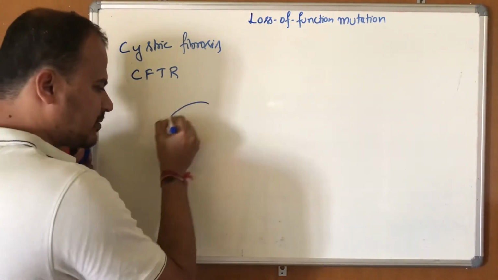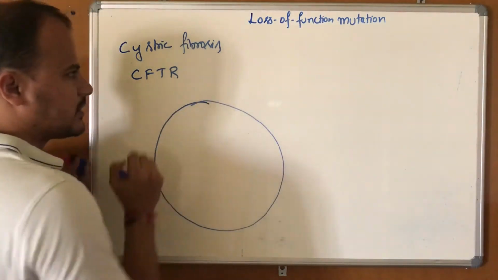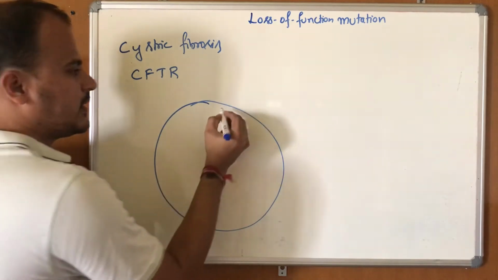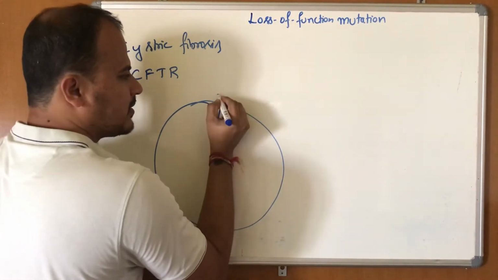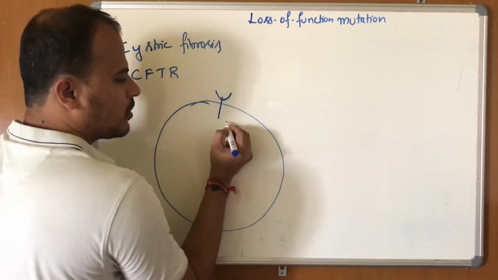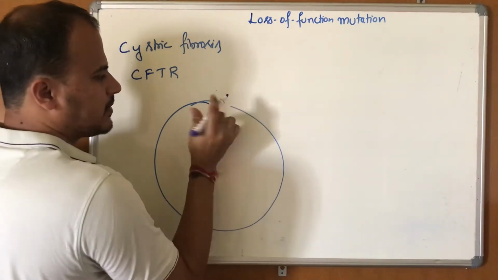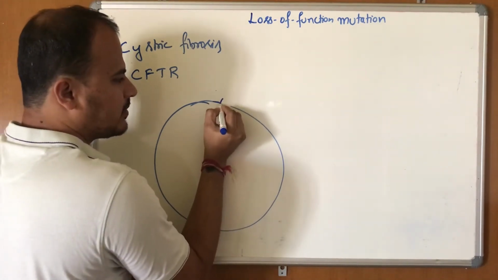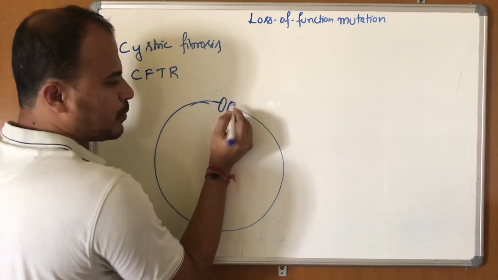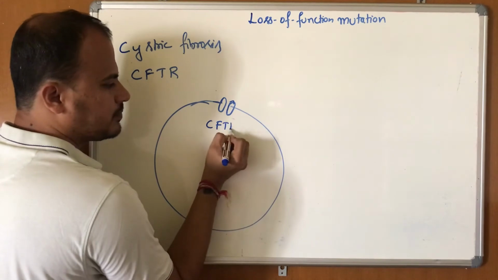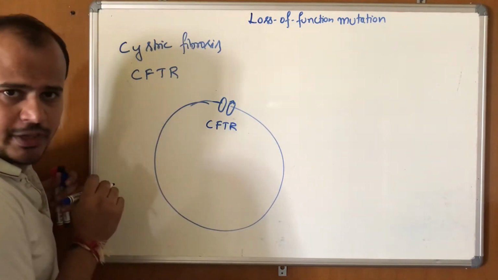To explain CFTR, let's consider this is a cell. The cell expresses an ion channel, a protein called CFTR. So this is the CFTR protein.